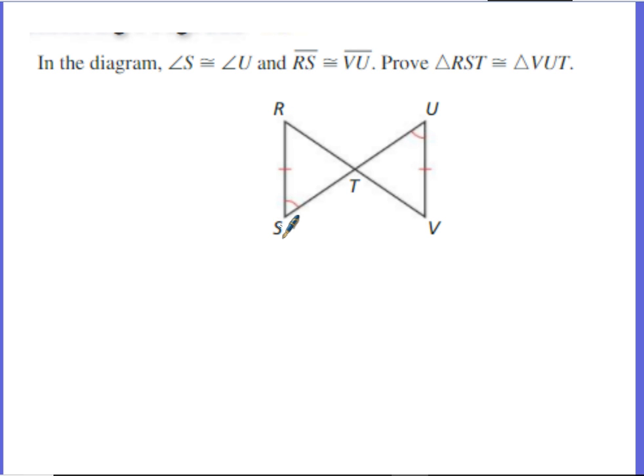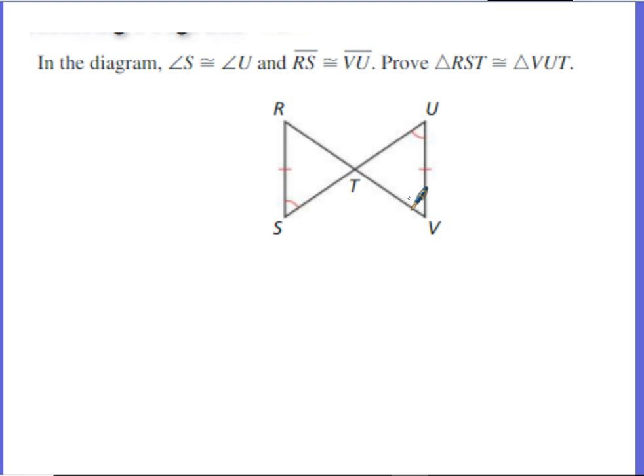I could say in my proof that RS and UV end up being parallel to one another by the converse of the alternate interior angles theorem, and that would be utilized to show that these two lines are parallel. Then I could show that angle R and angle V are congruent by the alternate interior angles theorem.